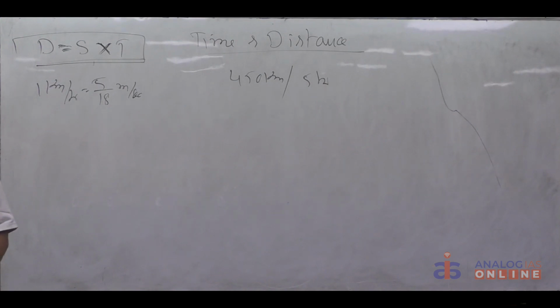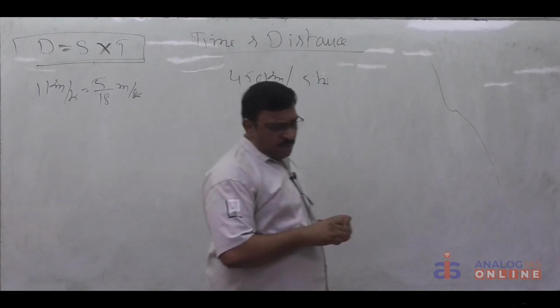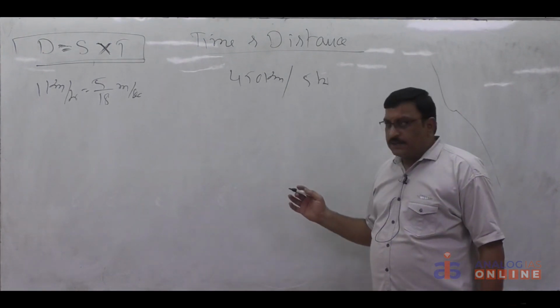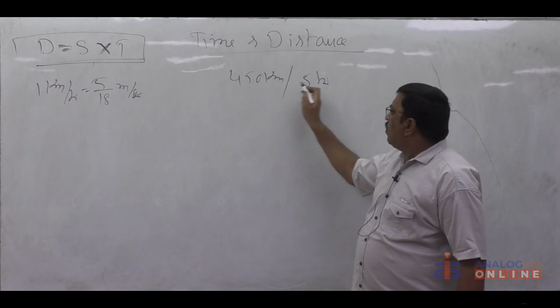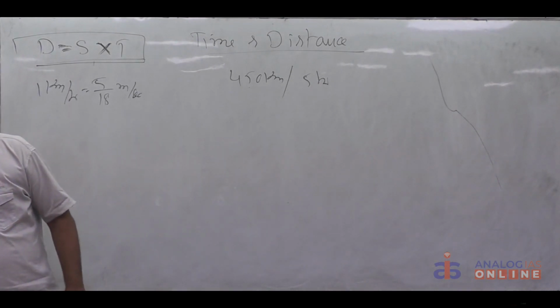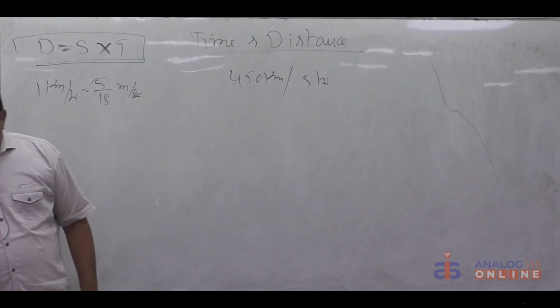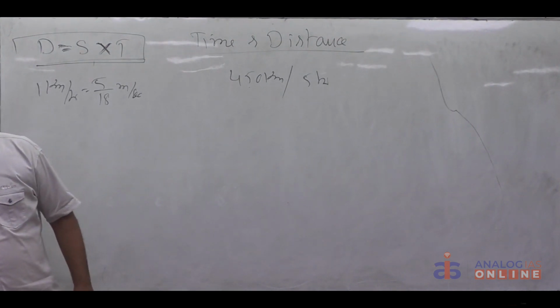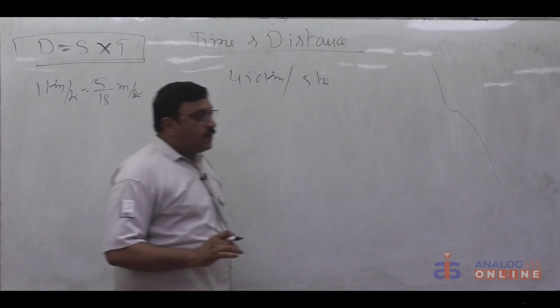It should be 25 meter per second, right? 450 kilometers in 5 hours.